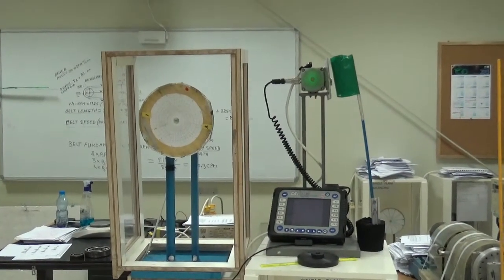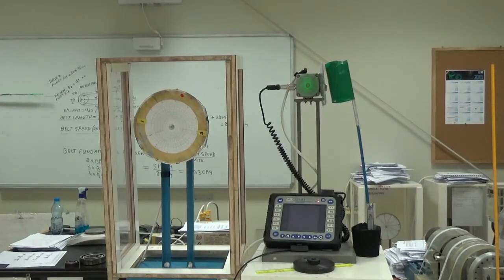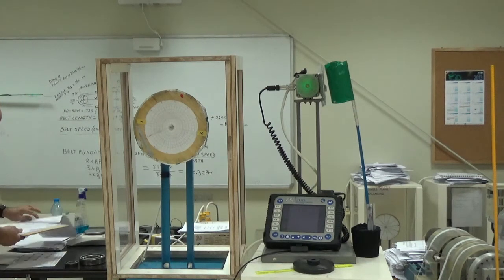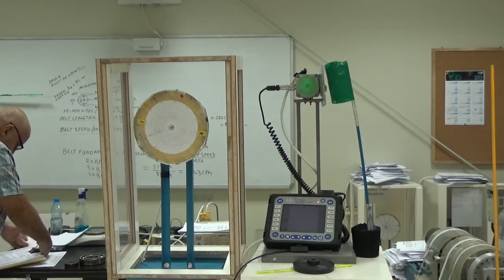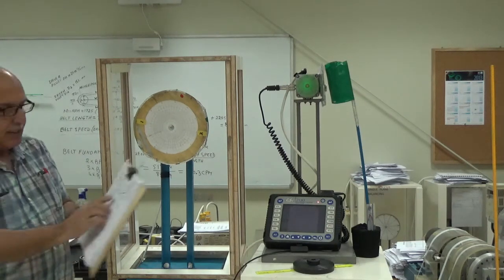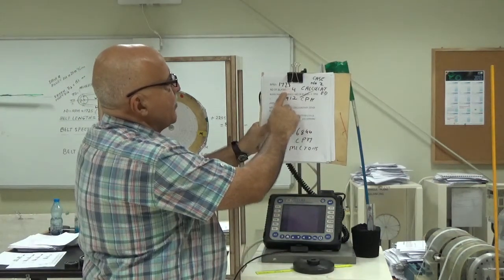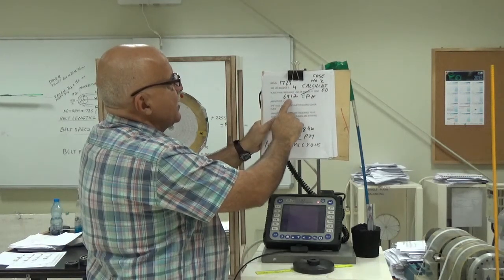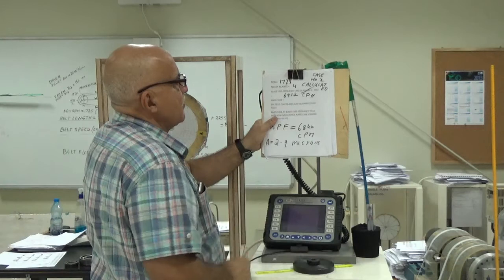So in this case, the number of blades you can see here is 4 and RPM is 1728. So 4 multiplied by 1728 gives you the blade pass frequency, which is 6912.